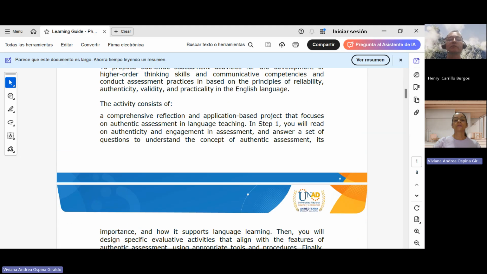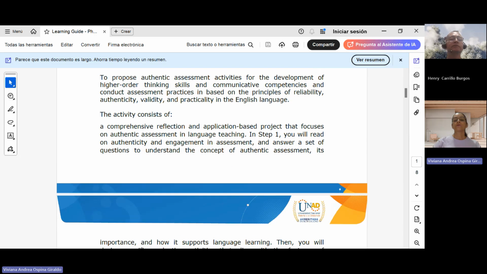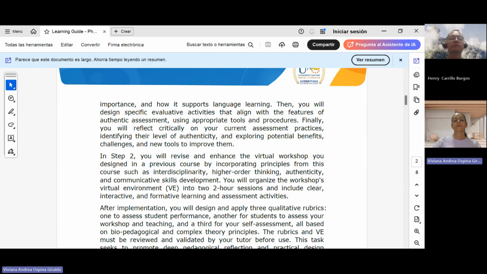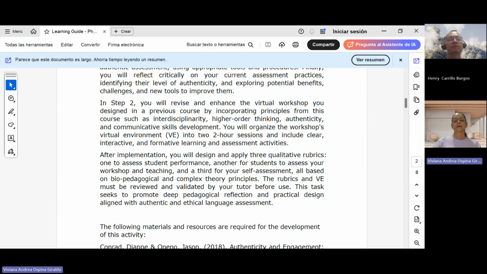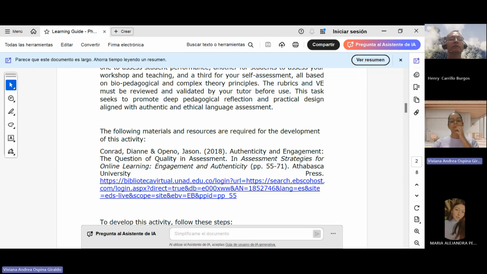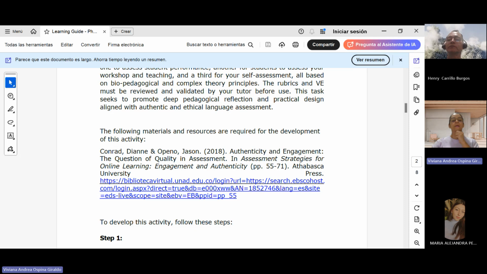Okay, so the first step is that you have to read Authenticity and Engagement in Assessment and answer the questions that are here, right? Give me a second because I think I have that.